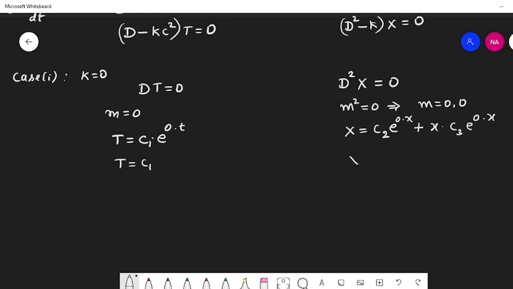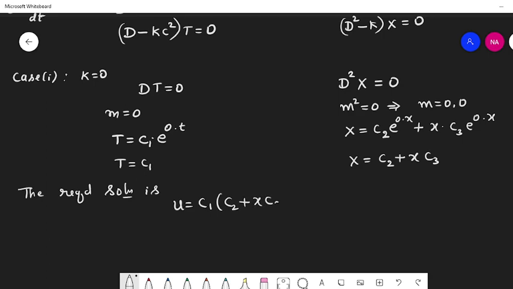So capital X is C2 plus x C3. So the required solution is u equal to C1 times (C2 plus x C3). This is the required solution when k is 0.